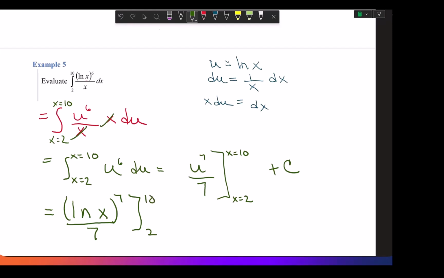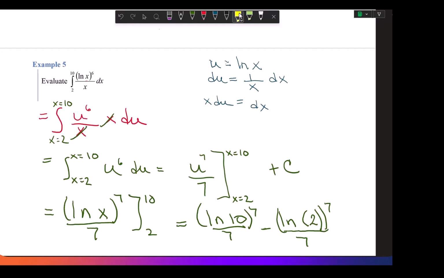Now I don't have to worry about saying x equals because everything's changed back to x. This is going to be equal to (the natural log of 10) to the 7th power divided by 7 minus (the natural log of 2) to the 7th power divided by 7.